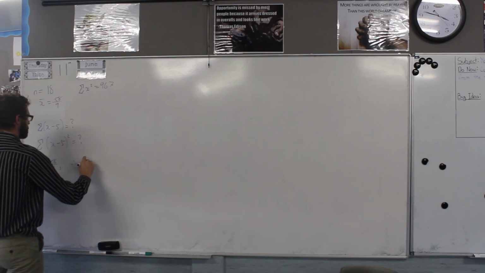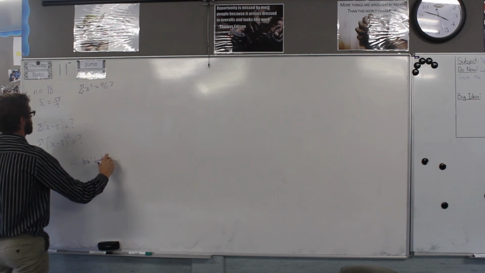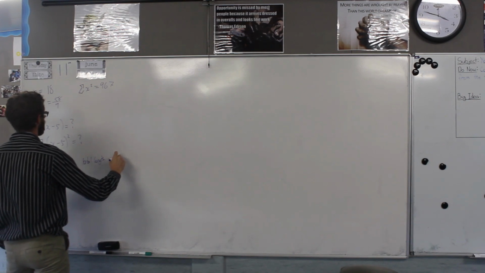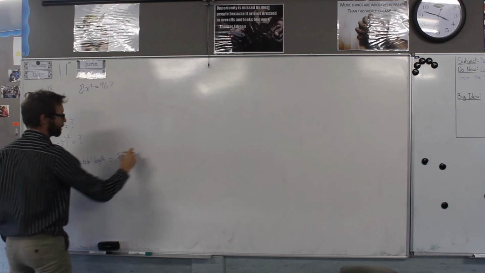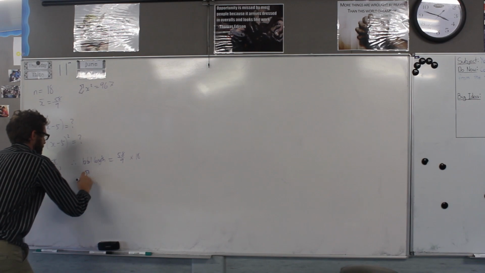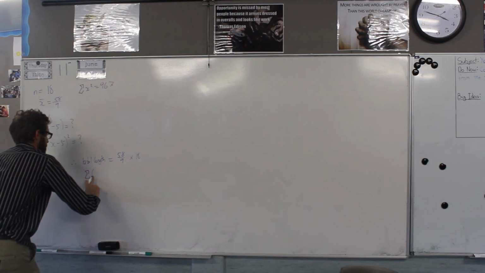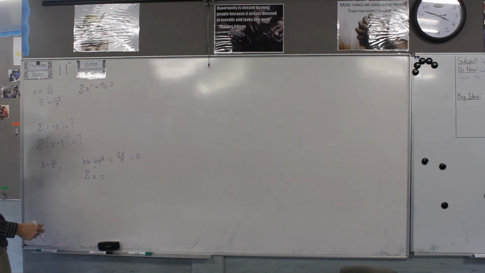Therefore, total length is going to equal this, times 18. Yeah? And that is basically this, isn't it? Sum of x. So what do we end up with?